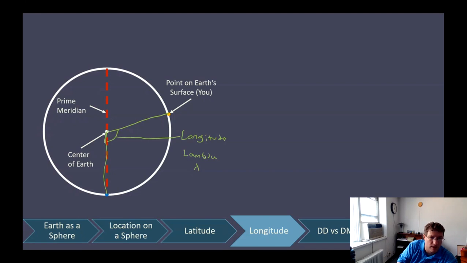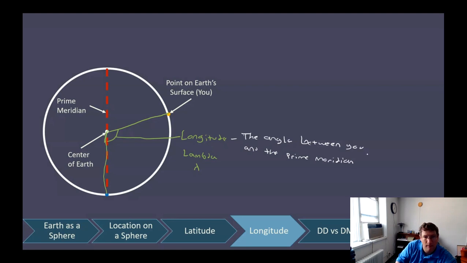So if you see this symbol, the word lambda or longitude, know that what we're referring to by definition is the angle between U and the prime meridian. The angle between U and the prime meridian is our definition for longitude. You'll often see this represented with the word lambda or this symbol here when you're dealing with mathematics.